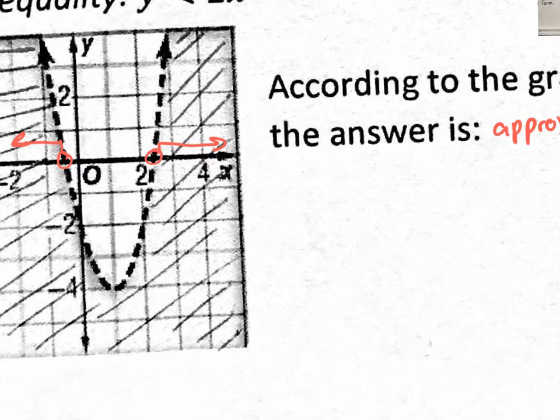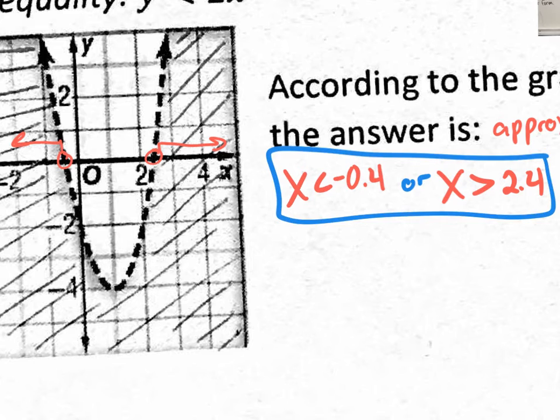Okay, so let's say this represents x is greater than 2.4. And this other one over here is x is less than -0.4. So x is less than -0.4. And all we do is put the word or right between them and we're done.